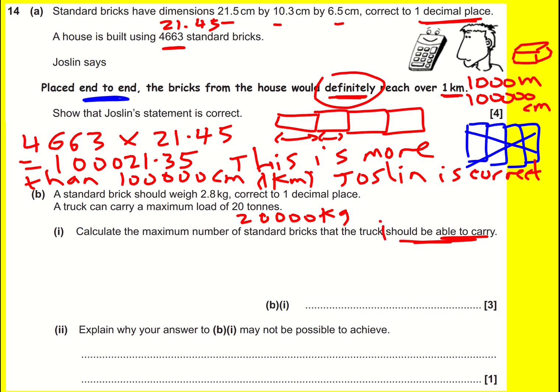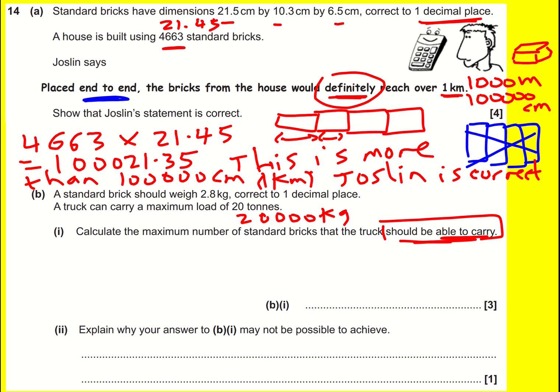Now it's this should be able to carry that is kind of the key bit of this question. It's not like the maximum possible number that we could get away with potentially, and that would be to use the lower bound. It's that the maximum number of standard bricks that the truck should be able to carry.